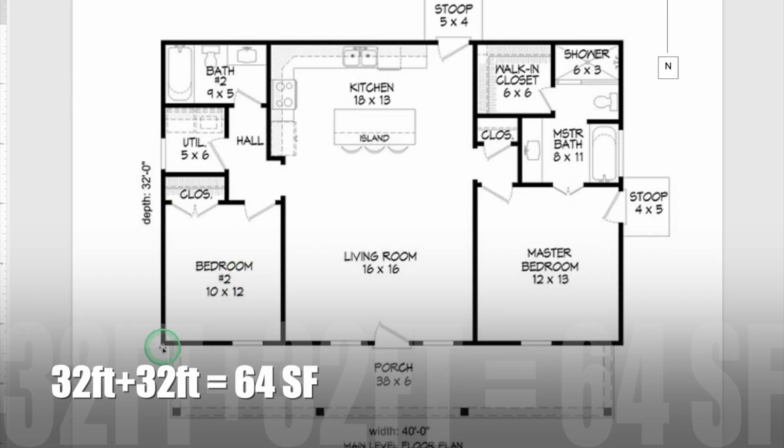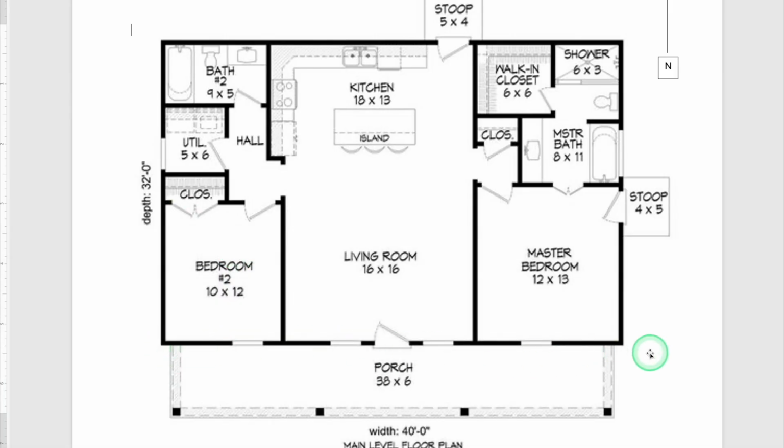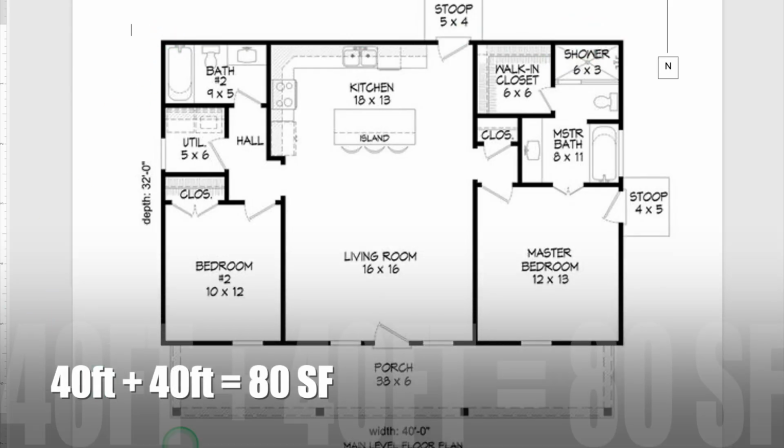Then we have this side of the house that we have to add up. The porch is 38 feet by 6, but we don't care about the porch. We care about the width of the house. So the width of the house is 40 feet in length on this side. We're going to go across the north side of the house, and this is going to be 40 feet as well. So 40 plus 40 is 80.